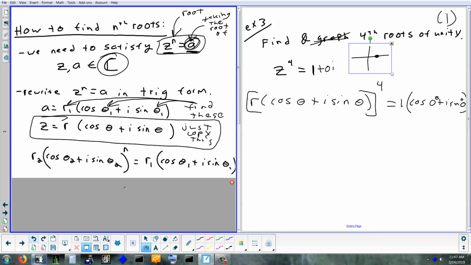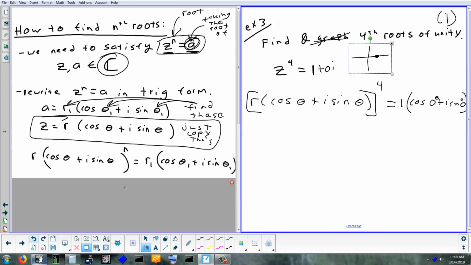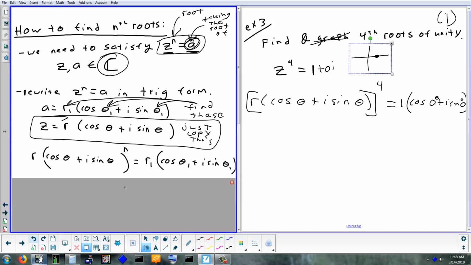Now you have something that looks like this. In our problem, we have all these numbers filled in. R cosine theta, I sine theta looks exactly the same, but we don't put n in our problem, we do 4, because our exponent is a 4. And on the other side, we found these.